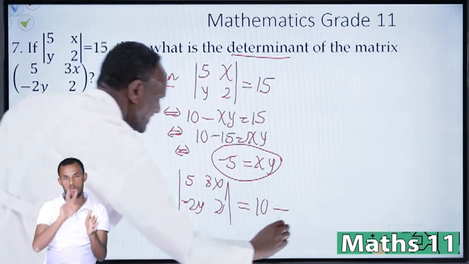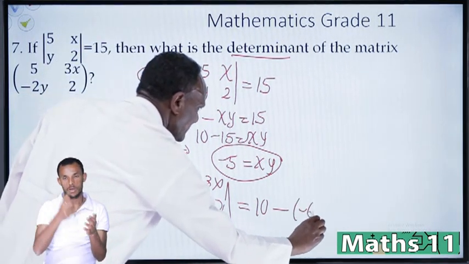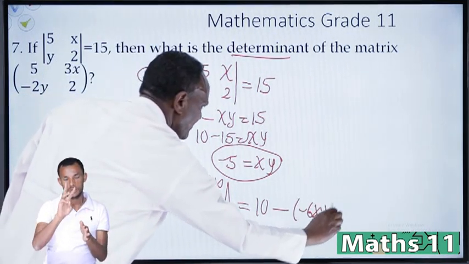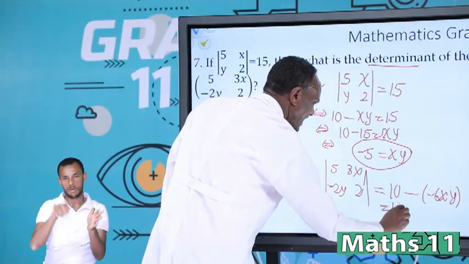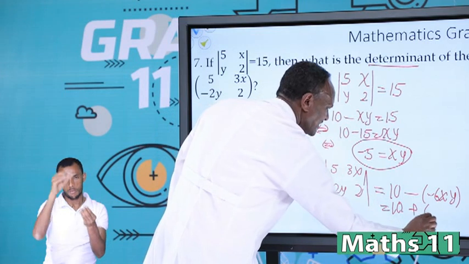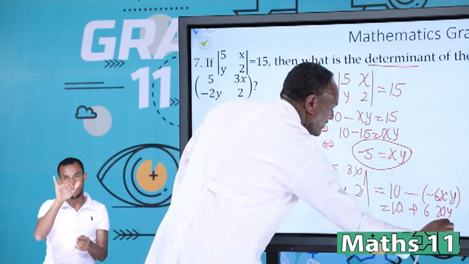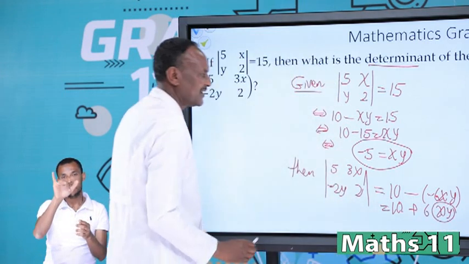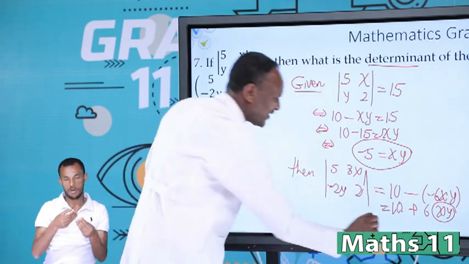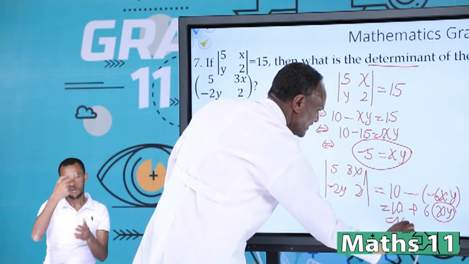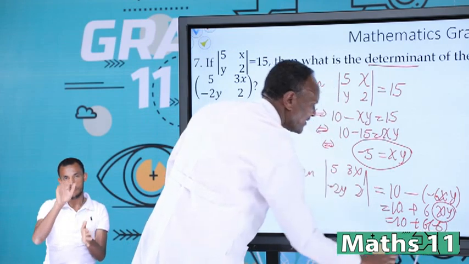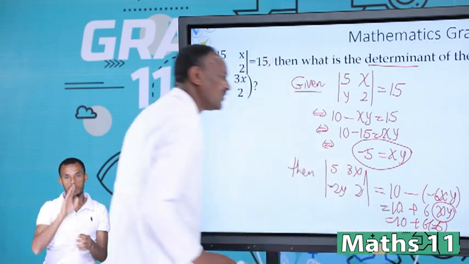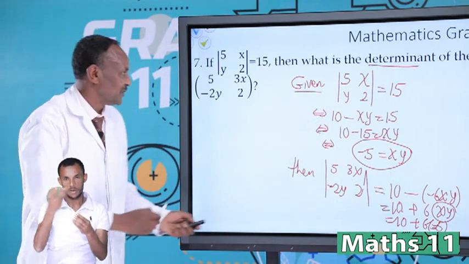Negative 2y times 3x gives negative 6xy. Negative times negative is positive, so you will have 10 plus 6 times xy. But what was xy? It was given to be negative 5. So we have 10 plus 6 multiplied by negative 5.